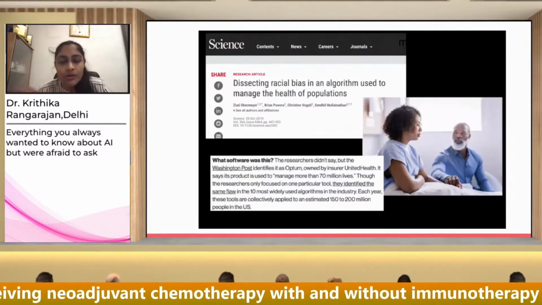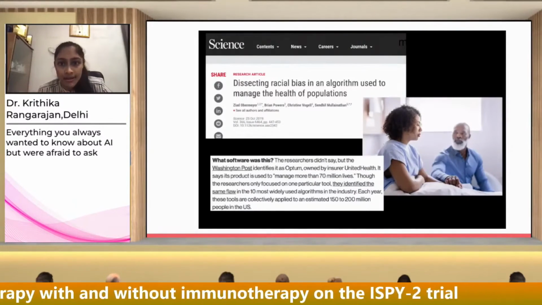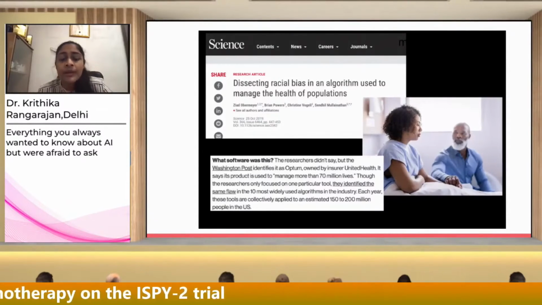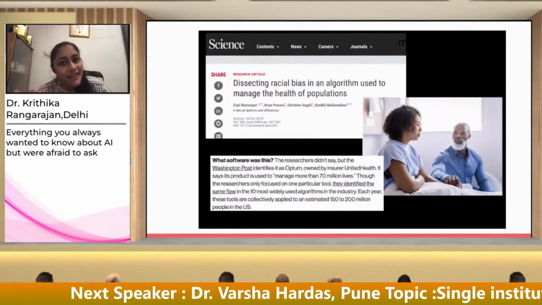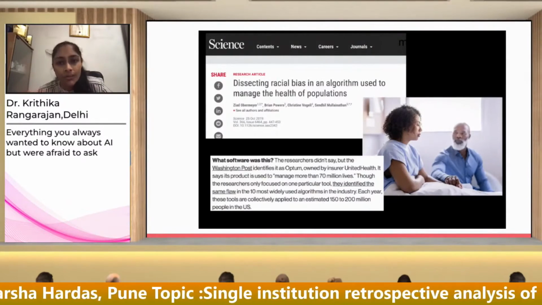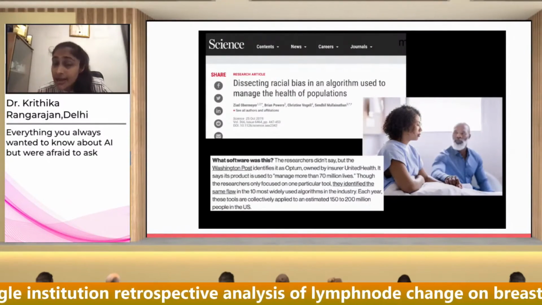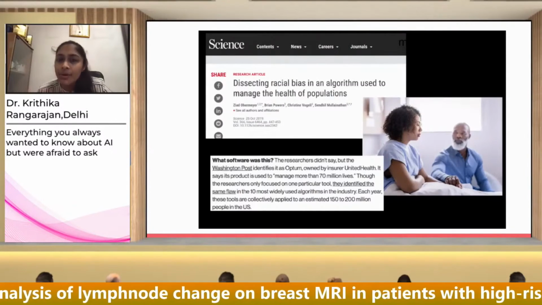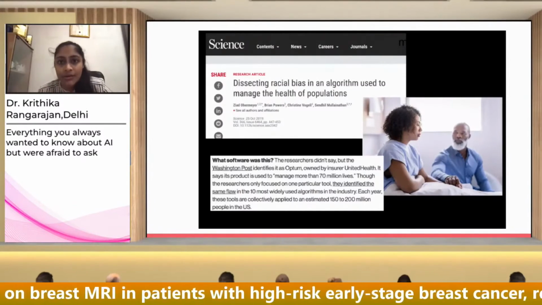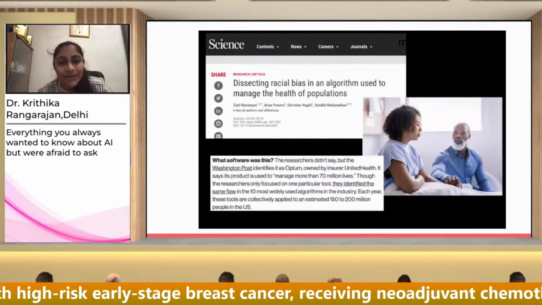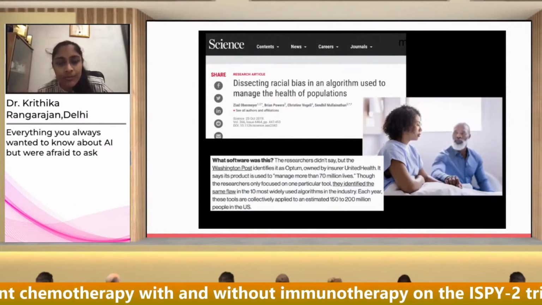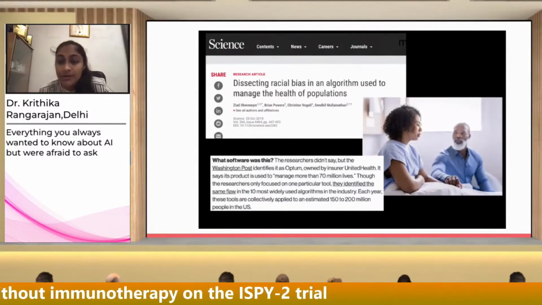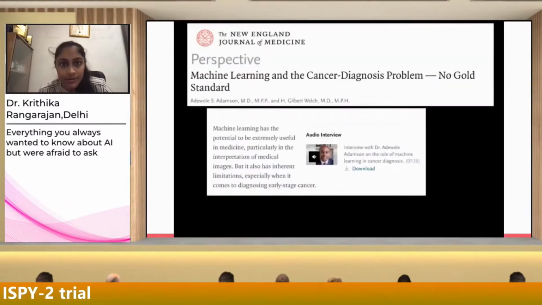Because of some inequalities, certain races in the United States, where this article actually comes from, did not receive treatment simply because of financial difficulties. And the algorithm ended up being trained to not provide or not predict a certain kind of treatment for these races, simply because what it read from the electronic medical records was something completely different. It read that a certain race was actually getting suboptimal treatment, and it ended up guiding medical treatment in the same way as it had been trained to do.